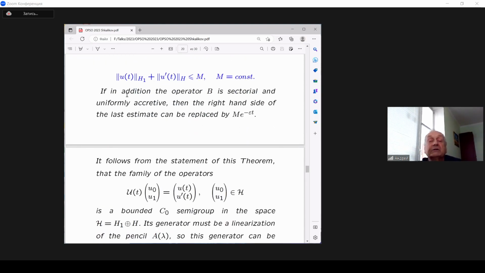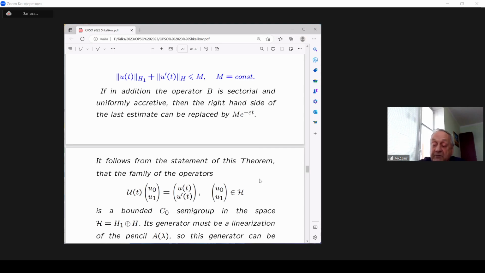If in addition the operator B is sectorial and uniformly accretive, then the right-hand side of this estimate can be replaced by M e to the power minus epsilon t. So the solution is actually exponentially decaying.